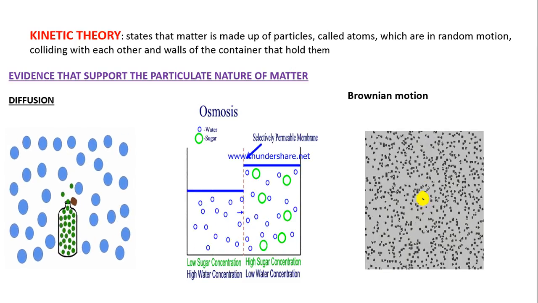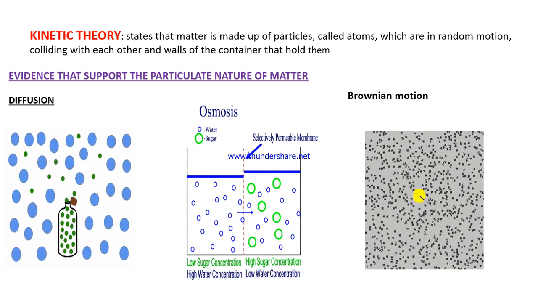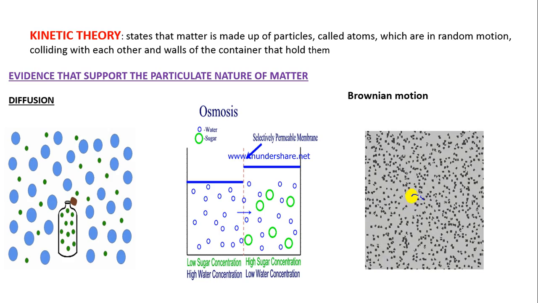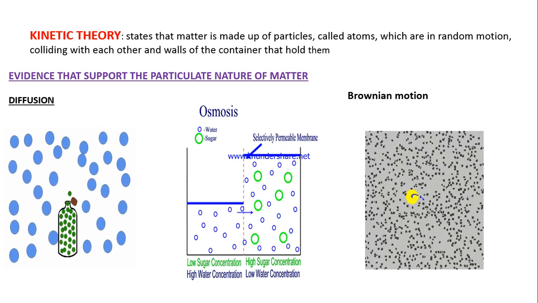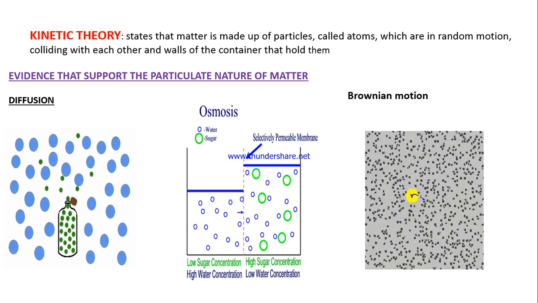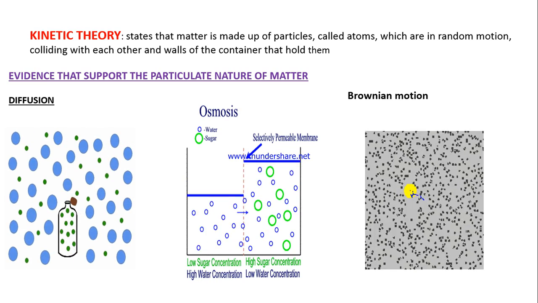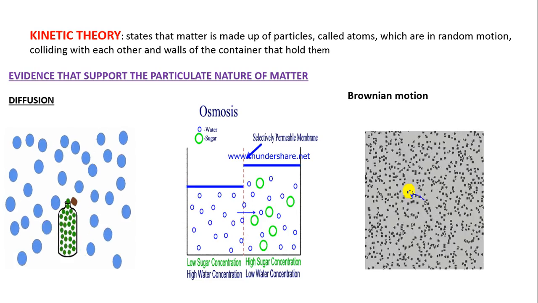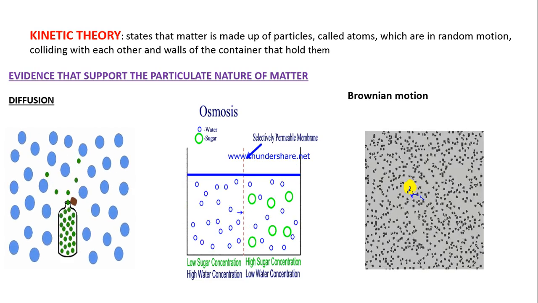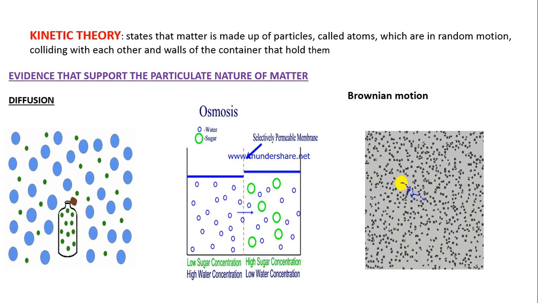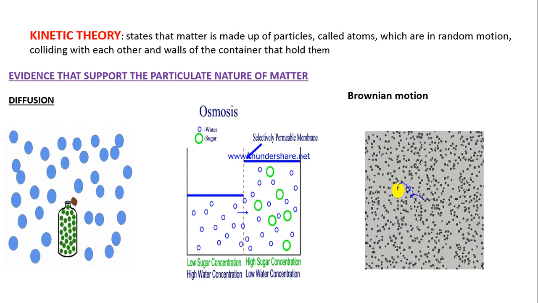The kinetic theory states that matter is made of particles, which are atoms, in random motion, colliding with each other and the walls of the container that hold them. There are a couple of experiments that support the theory: diffusion, osmosis, and, as you see here, Brownian motion.